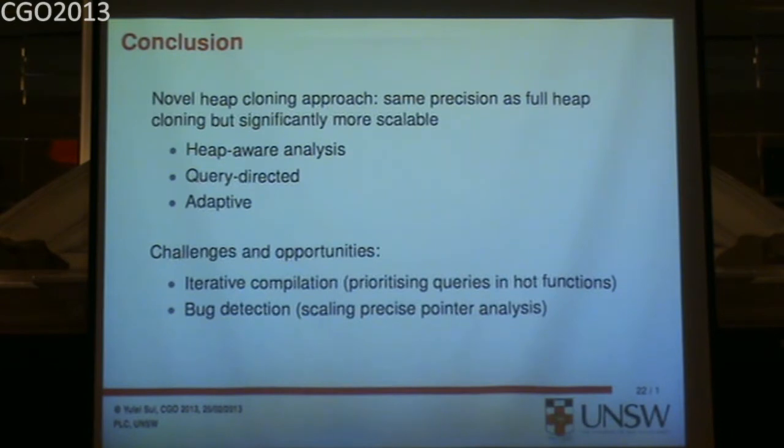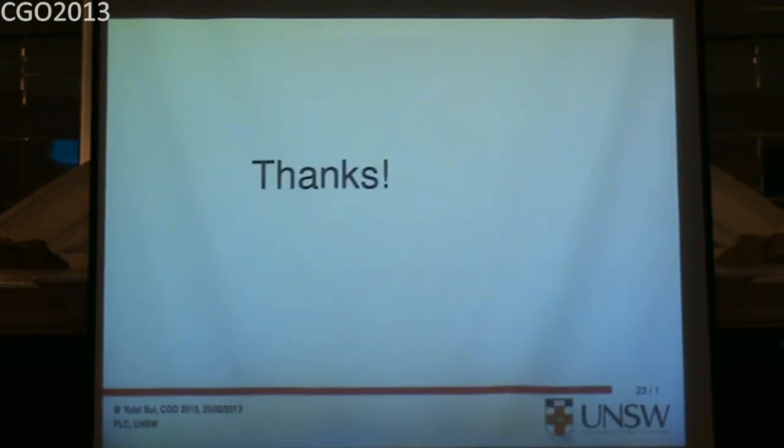In general, our idea can also be used in other research areas, like iterative compilation, to help them converge more quickly, or adaptive bug detection to scale their analysis. Okay, thanks.